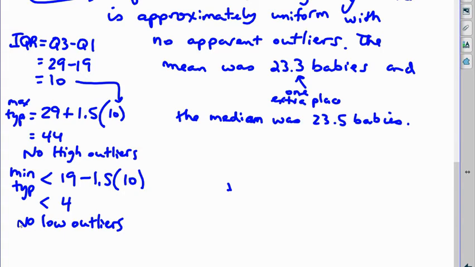Because the mean is slightly lower than the median, you might have been able to say slightly left skewed. The only answer that was definitely wrong was right skewed, because you cannot have it right skewed if the mean is lower than the median. So I would say that supports symmetrical in my mind.